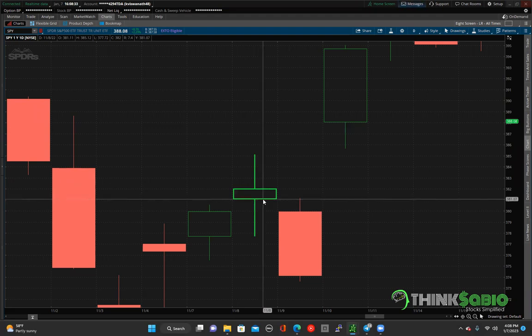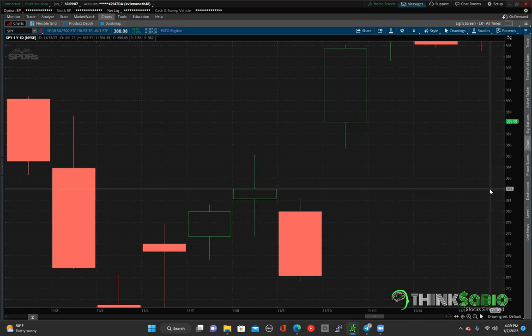When you see a green candlestick, that means it has opened here. The start of the body is the open. This is the close. So the price on November 8th for SPY, it opened here at 381.1 and it closed at 381.97. The price is right here, the very end of the screen.